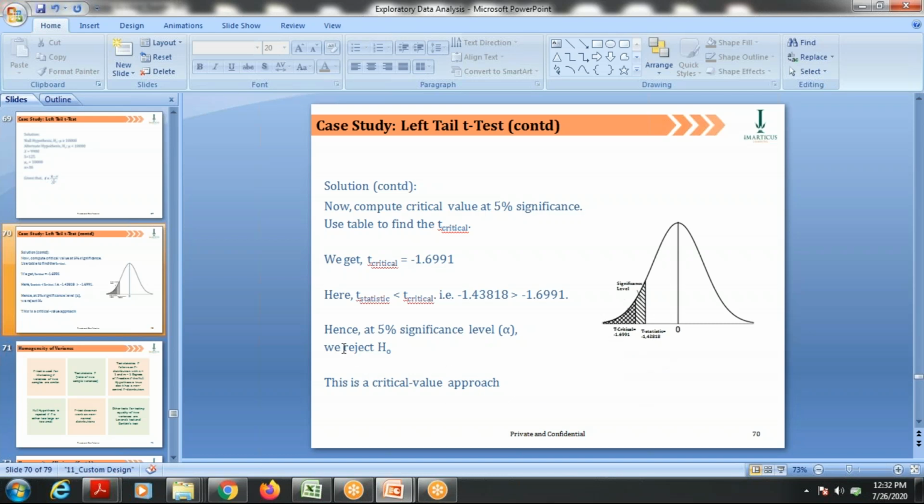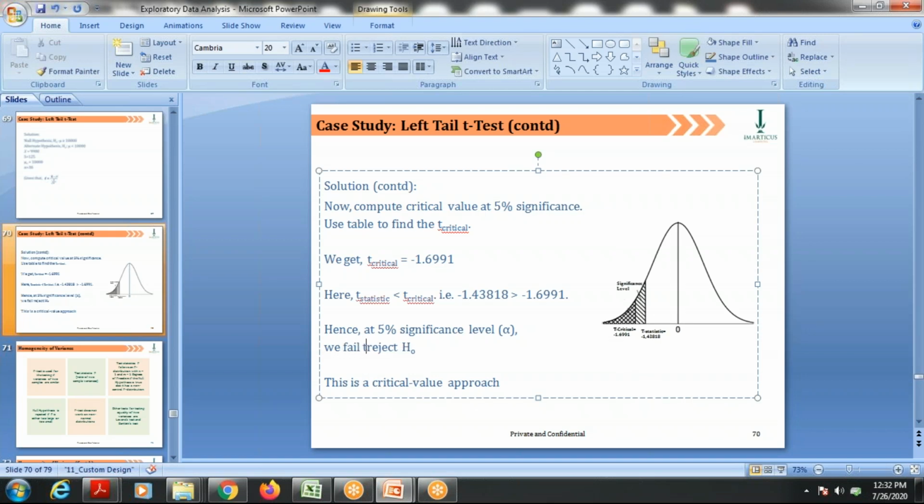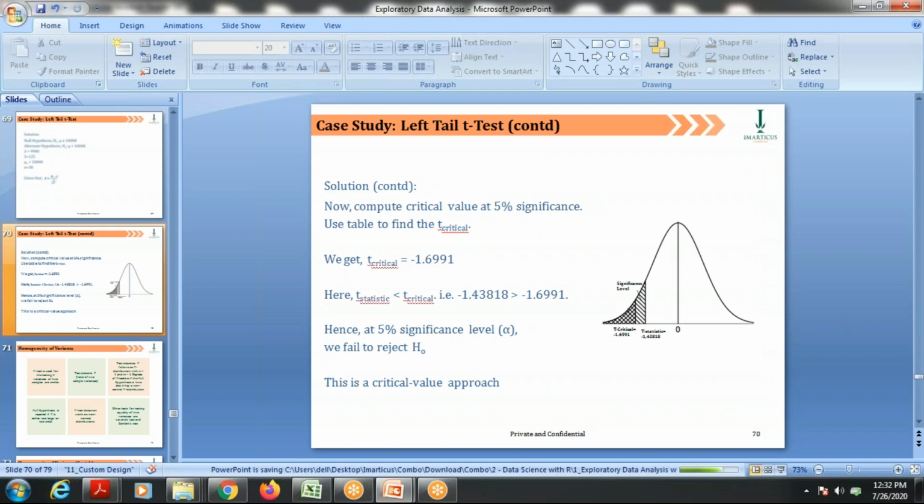So we fail to reject the null hypothesis. Clear? So when you do the calculation manually, these kinds of confusion come. Well, we have ways to write code, and in those 2-3 lines of code, we can easily do it.